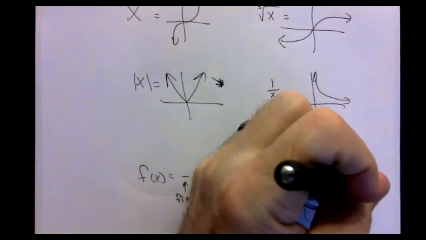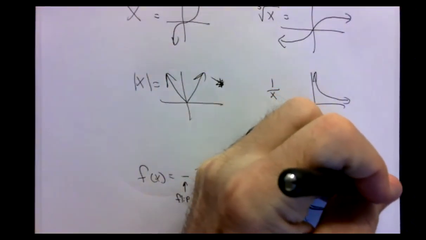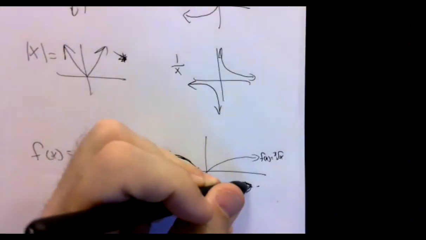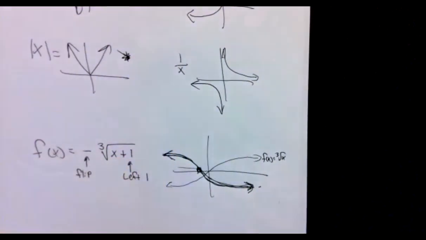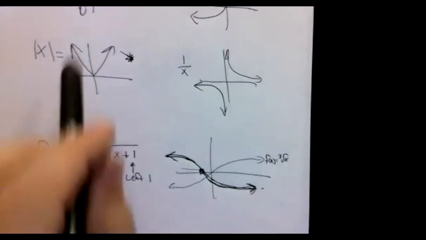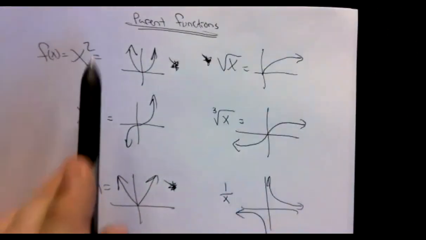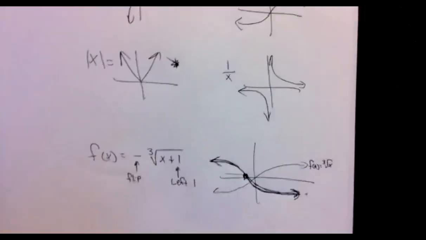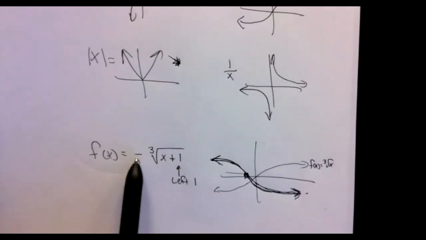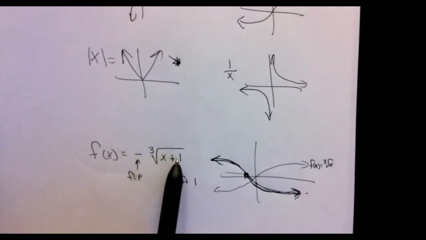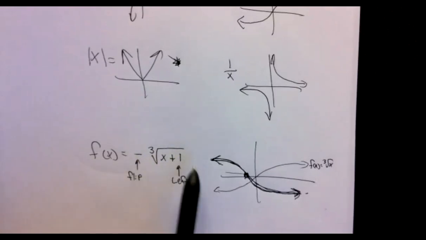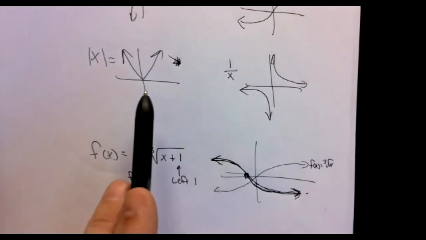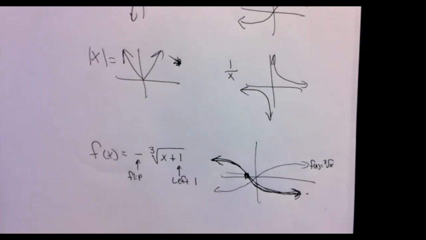So this is the original function. This one is flipped and shifted left 1 unit. So regardless of what function we're talking about, x squared, x cubed, square root of x, rational, cube root, the parameter changes, whether it flips or stretches or shifts left to right or shifts up or down, is all the same. Just the picture changes based off of which function we're dealing with.